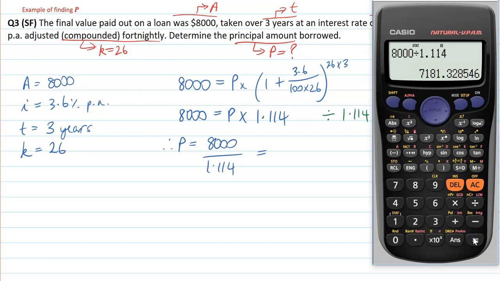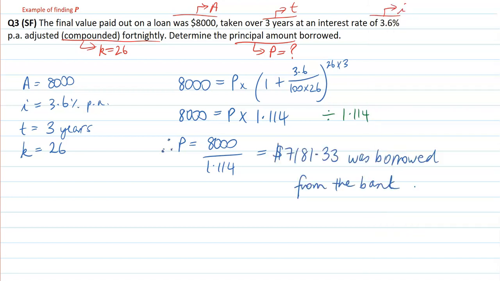So it looks like the start of the loan, this person borrowed $7,181.33. Okay, so hopefully you found that easy.